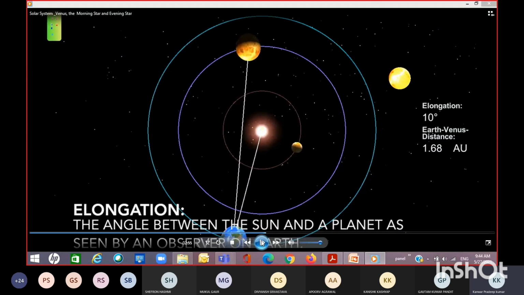The inner path is Mercury, the second path is Venus, and there is one line from the Earth to the Sun, the other line from Earth to Venus.